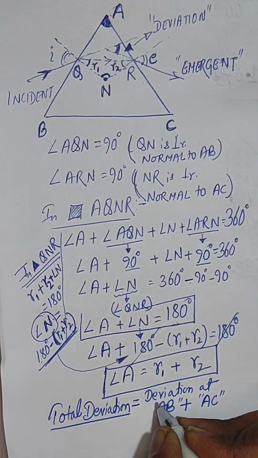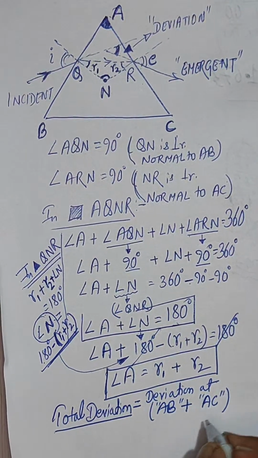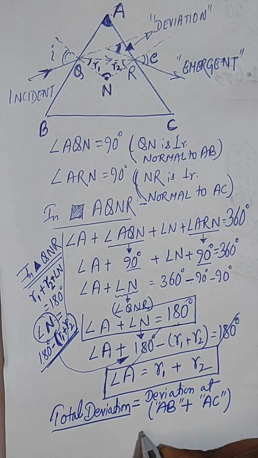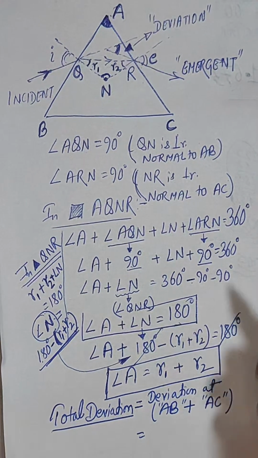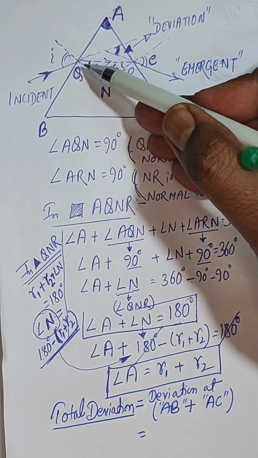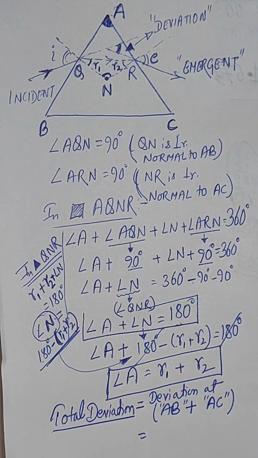Just write it separately. What is the deviation at AB? Deviation at AB will be I minus R1, isn't it? Angle of incidence minus angle of refraction.